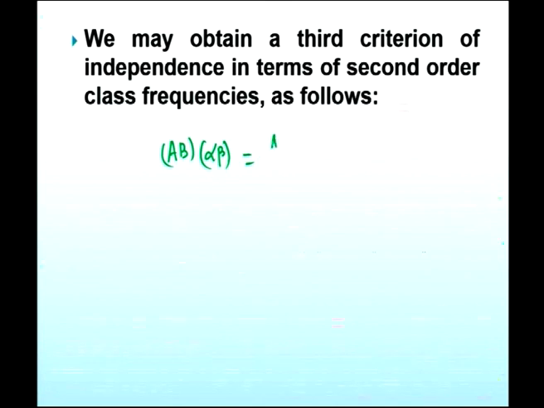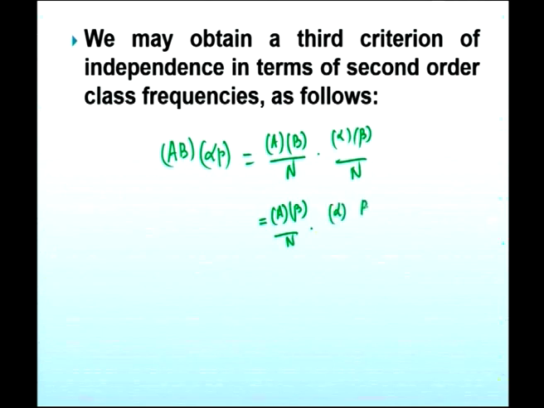AB is A into B divided by N. Then this is α into β by N. Okay, and this can be written as A into β by N into α into B by N. Now using AB by N as A by N into B by N, and AB into αβ can be written as Aβ, and then using the same condition, this is αB.